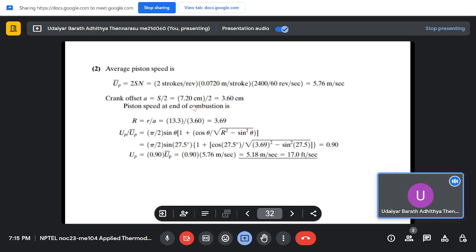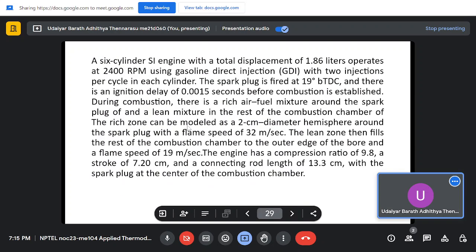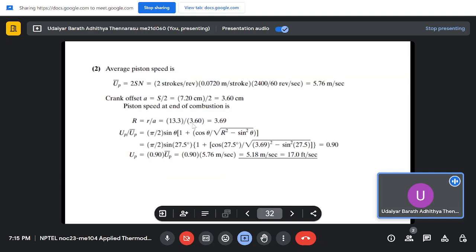Now the piston speed at the end of combustion uses R, the ratio of connecting rod length to crank offset. The connecting rod length is 13.3, divided by the crank offset of 3.6, which gives 3.69.